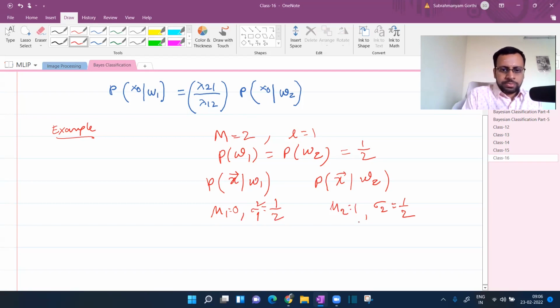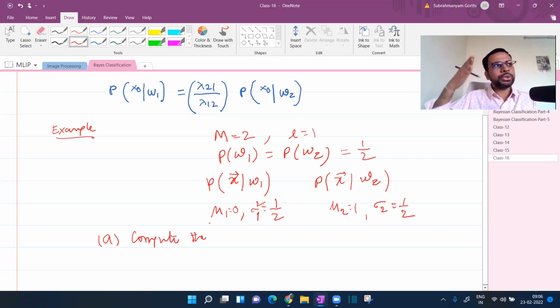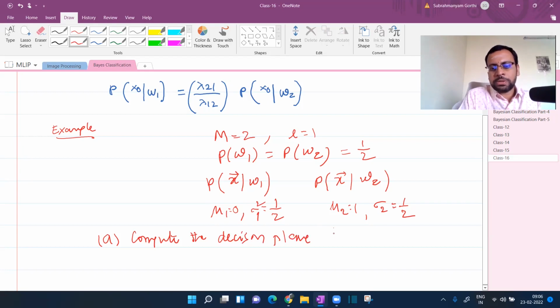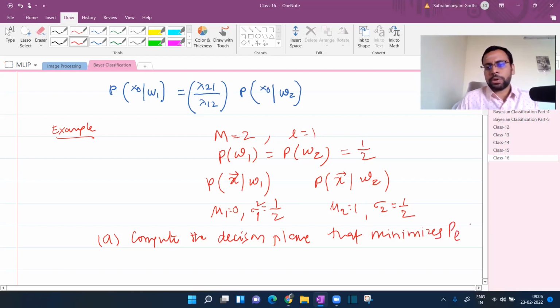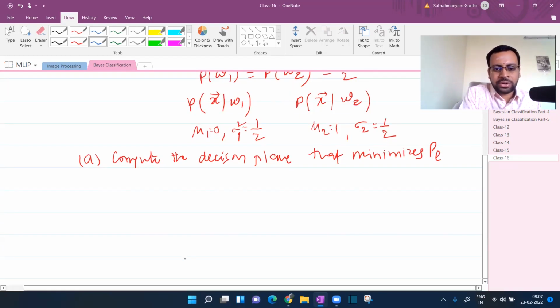Now, the first thing that we are going to do is compute the decision plane that minimizes the total error probability, or probability error, however you call it. You have here, the good thing is just one x is there. x bar, I'll just write it as x.